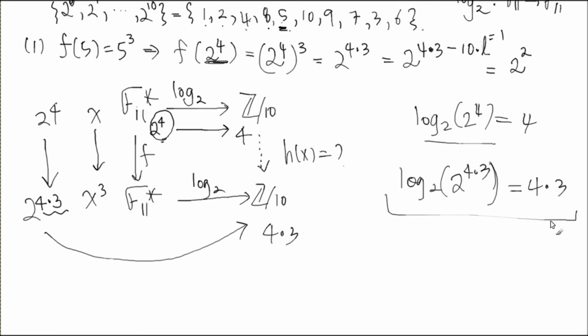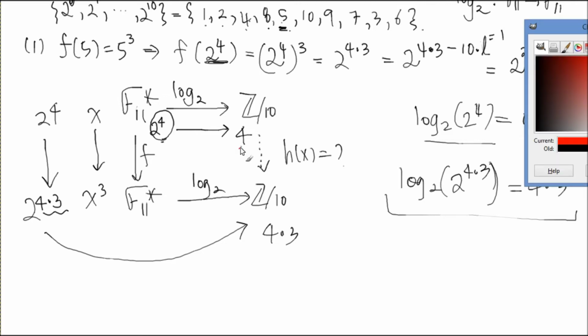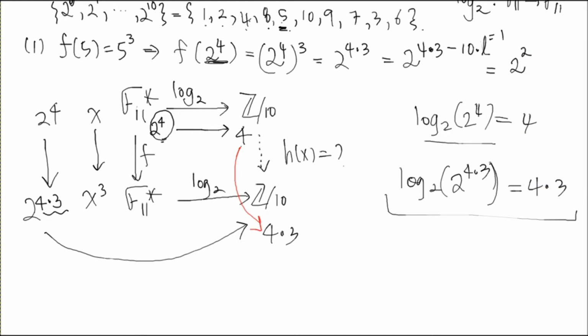But we are forcing this one to commute, so 4 maps to what value? 4 maps to 4 times 3. 4 was an example that appeared as an exponent. This is where we started. Raising it to the power is the same as multiplying that exponent by 3. If you look at the Z mod 10 world, 4 was an input, and we end up multiplying 3 to that input, right?